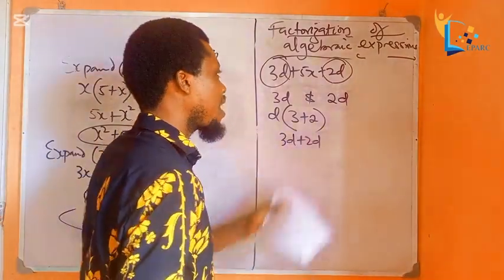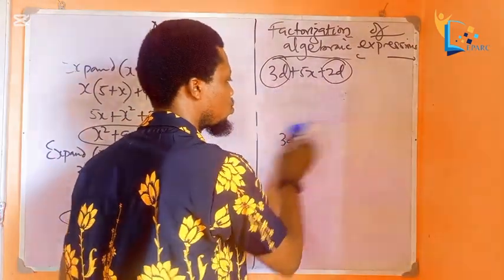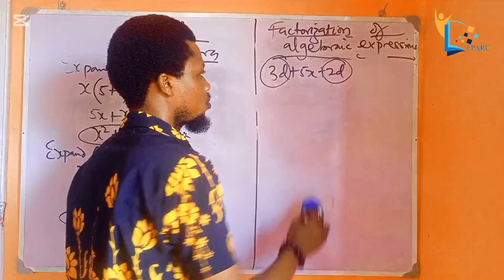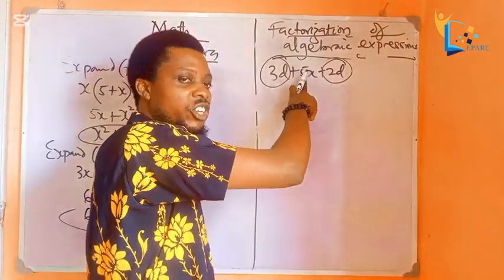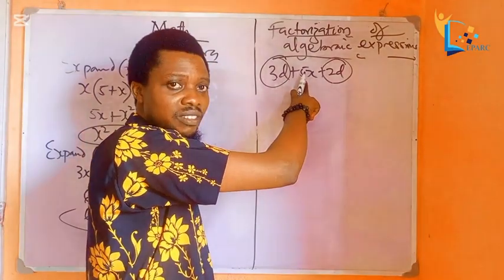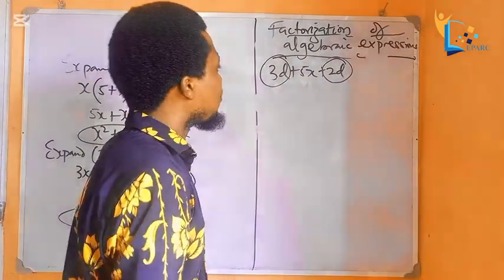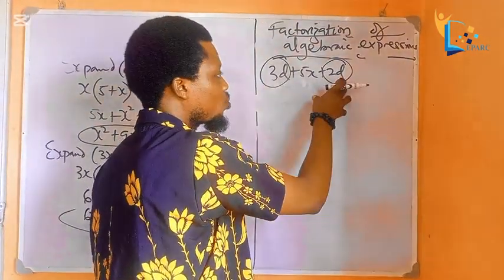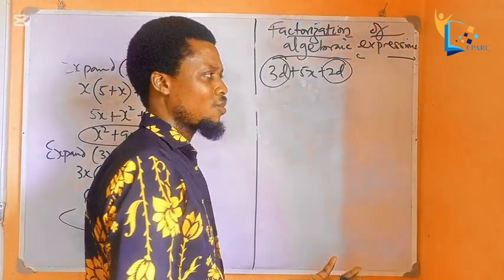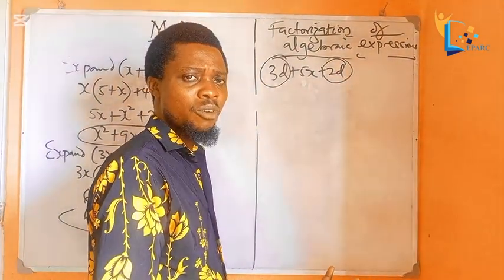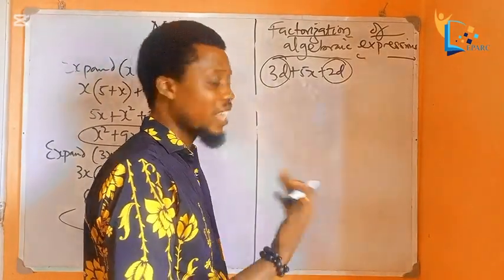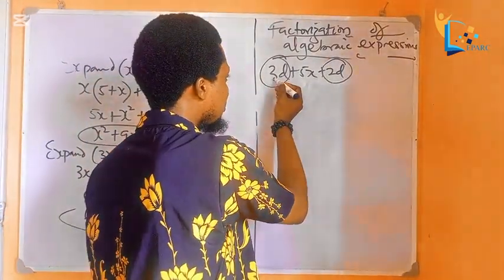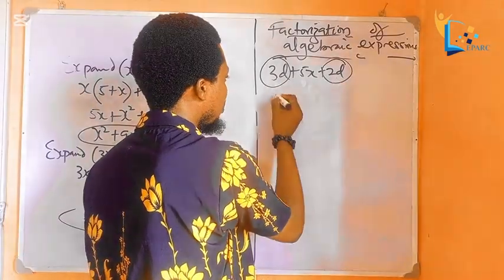But in this case, we have 5x here in the middle, not just 2d and 3d. There is 5x here. So you cannot ignore this 5x. Are we together? Now, 3d and 2d, we have a common factor there, which is d. In other words, or alternatively, you can just say 3d plus 2d will give you 5d.